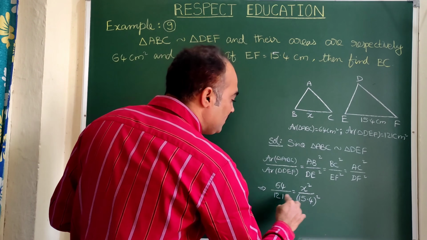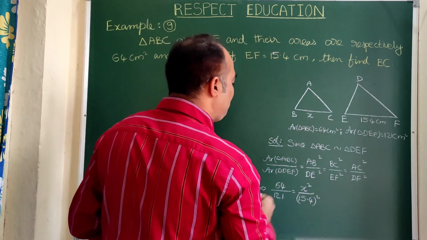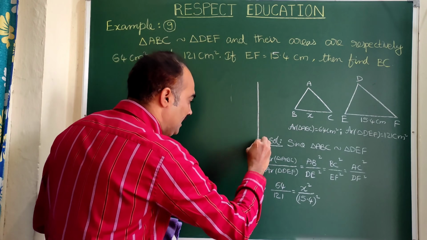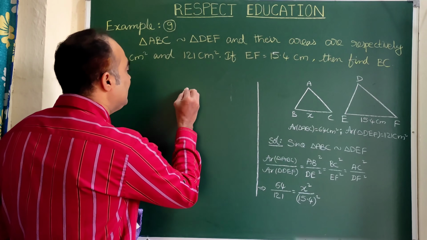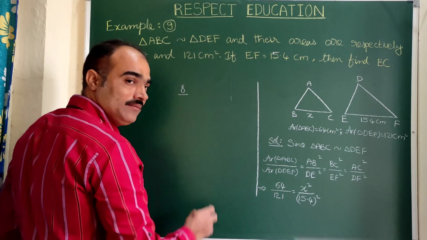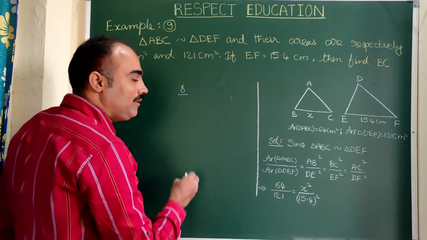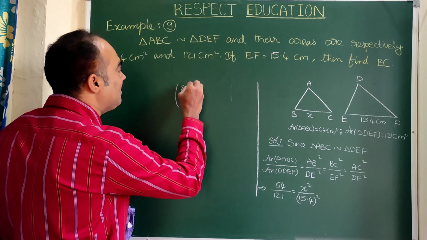Now if we simplify this, we will get the value of X. That X is nothing but BC. So let us simplify. 64 can be written as 8 square, and 121 can be written as 11 square. So it can be written as 8 by 11 whole square.